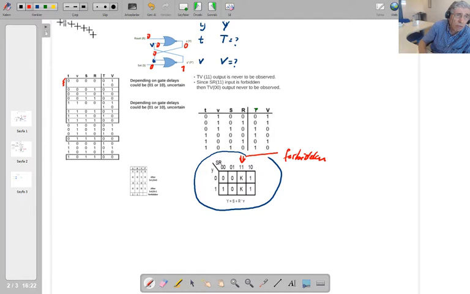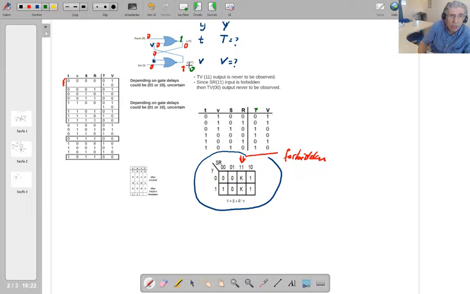So if you observe 1 here, that's the alternative, then that's going to be 1. 1 plus 0 gives you 1, prime of it gives you 0. So if this NOR gate delay is less than this one, instead of observing that 0, 1 here, I'm going to observe that green 1, 0.